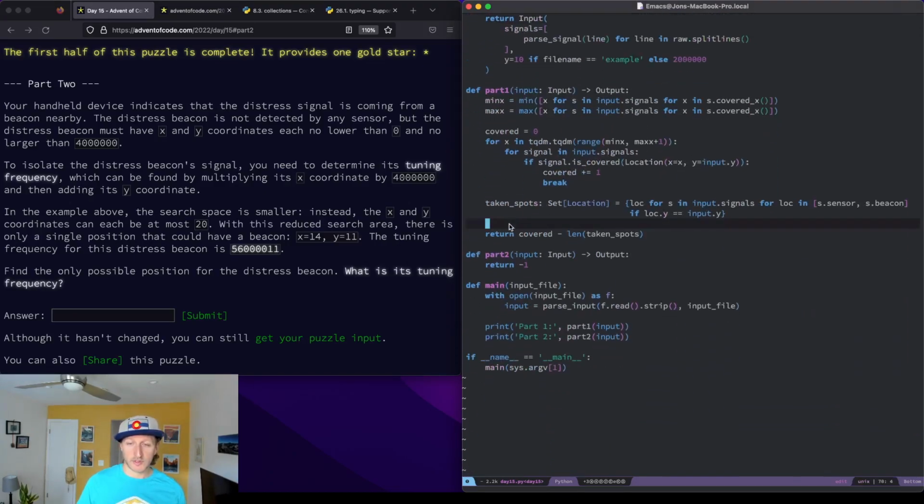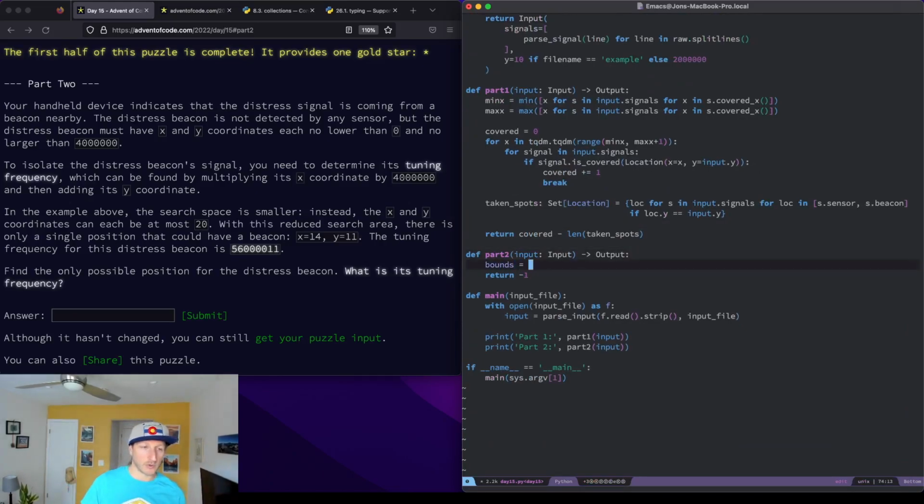So we'll start with just some management stuff. So bounds equals min x equals 0 and min y is 0, but max x equals the input.x.